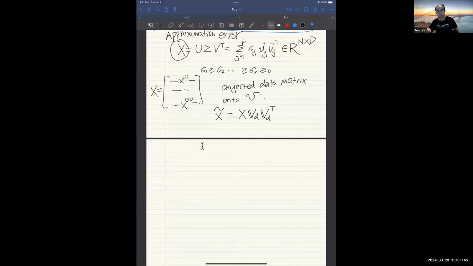Okay. So again, this is still an n by D matrix, because we know X2 is still living in big D dimensions.